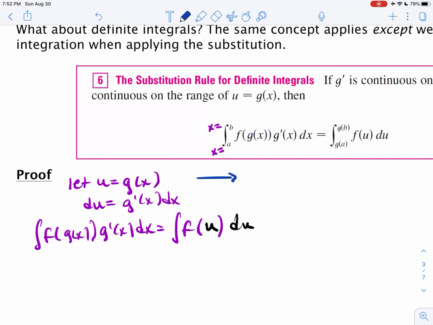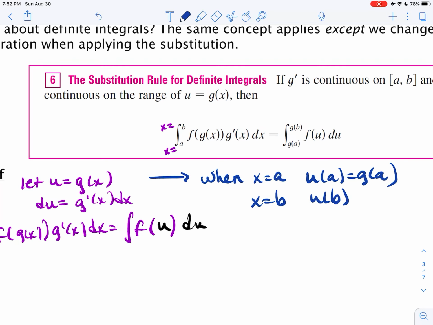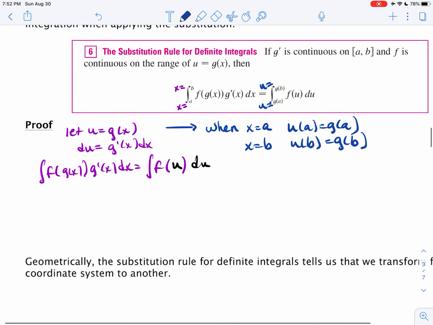So we can say when x is equal to a, then u of a is going to be g of a. And when x is equal to b, then u of b is going to be g of b. Good.